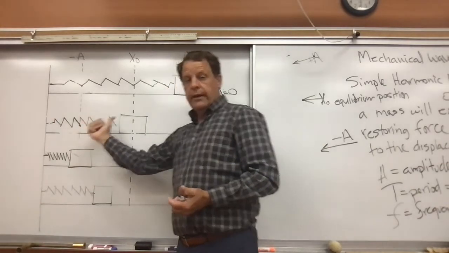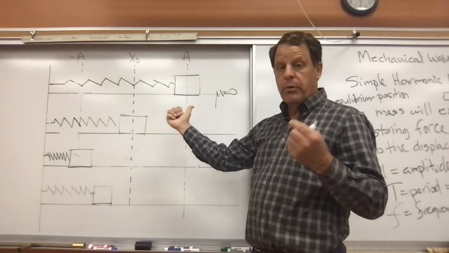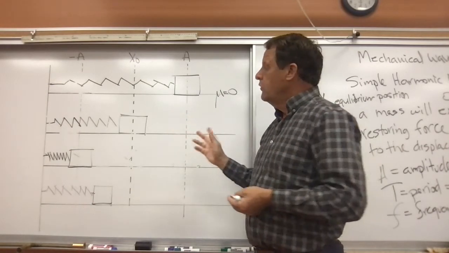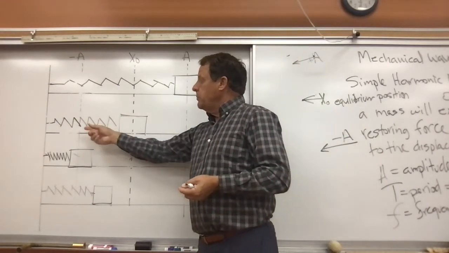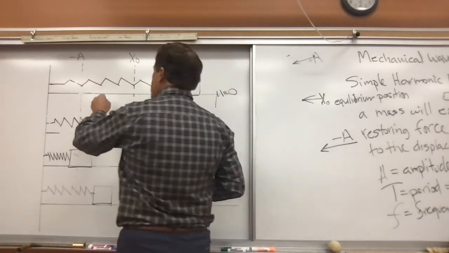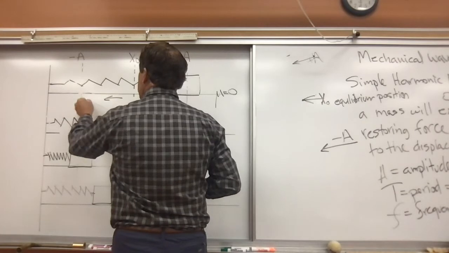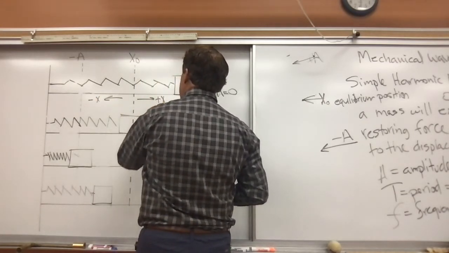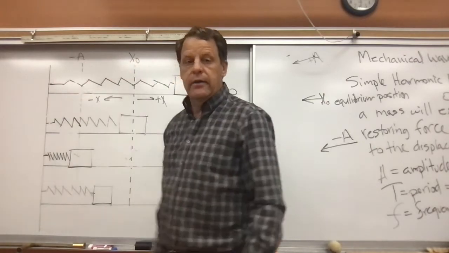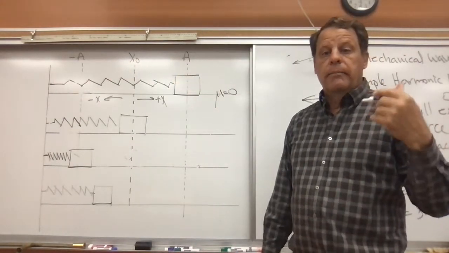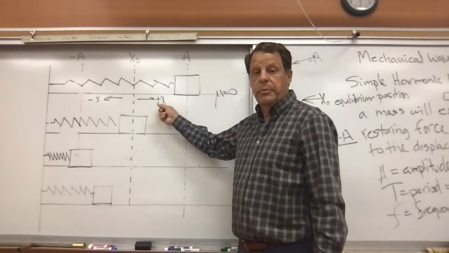So now the restoring force is again proportional to the displacement from the equilibrium position. So the equilibrium position, or x = 0, this direction would be negative x, and this direction would be positive x. And remember that A and negative A would be the maximum or minimum displacement.